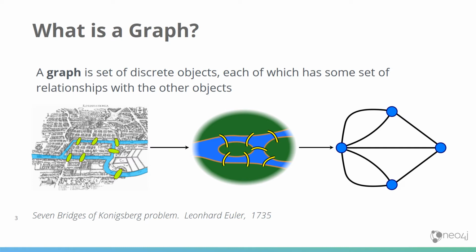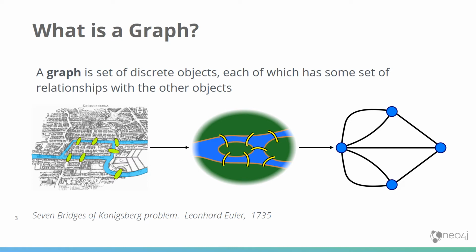So what was his proof? Well, he observed the following. The route taken within each landmass is irrelevant. Only the sequence of bridges crossed matters. Whenever you enter a landmass via a bridge, you must leave it by a different bridge, except at the start, where you leave but you do not enter, and at the end, where you enter but you do not leave.